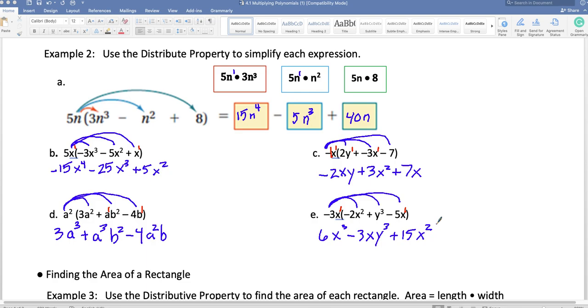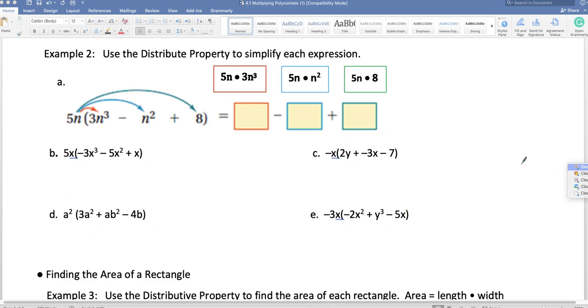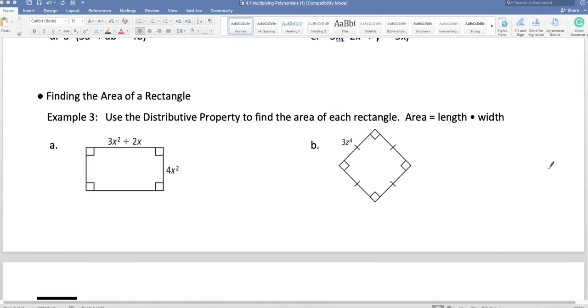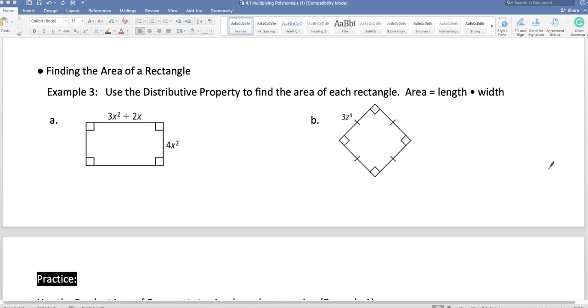Okay, a couple more things. We're going to do some geometric figures as promised. Okay, clear this off. And we're going to scroll. Here's the geometric figures.